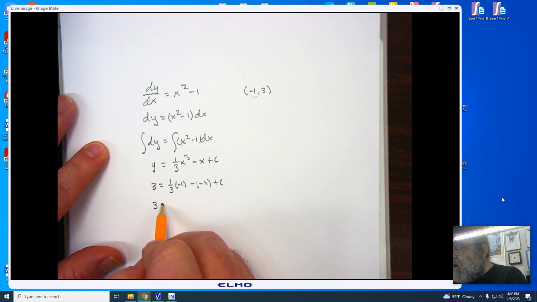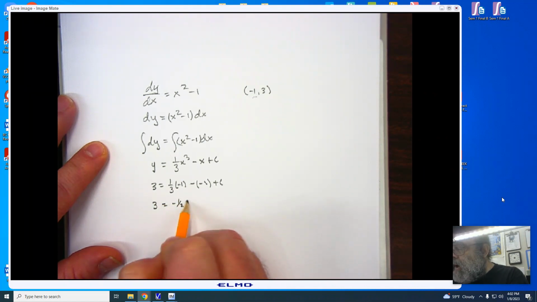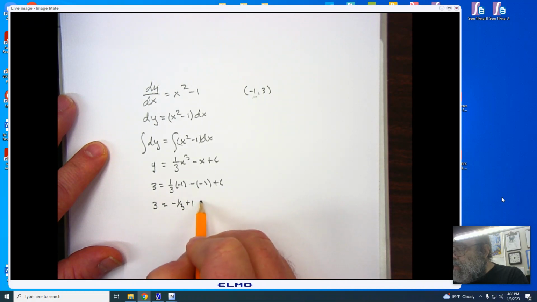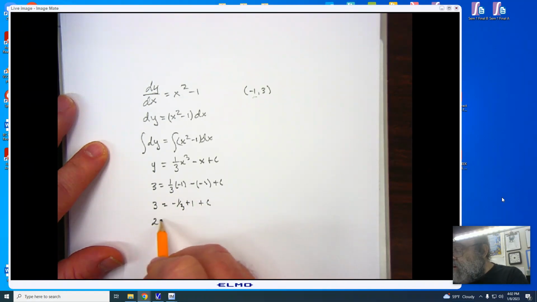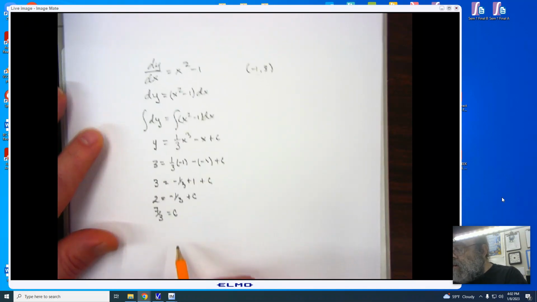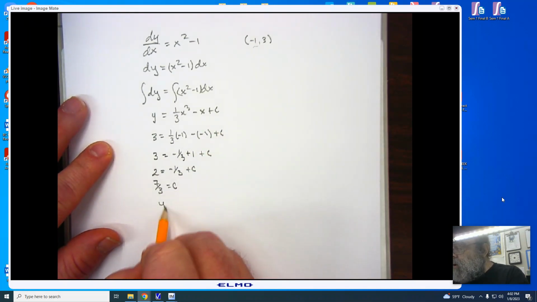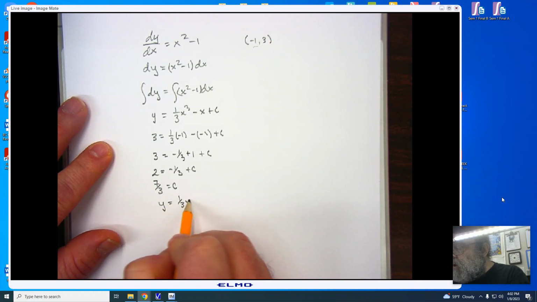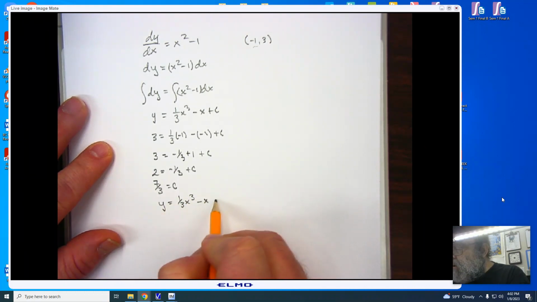This is giving us 3 equals negative 1/3 plus 1 plus c. That's 2 equals negative 1/3 plus c. And that's going to give me 7/3 equaling c. And I'm now going to write my equation, y equals 1/3 x cubed minus x plus 7/3.